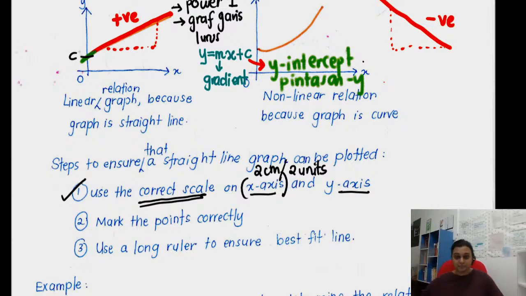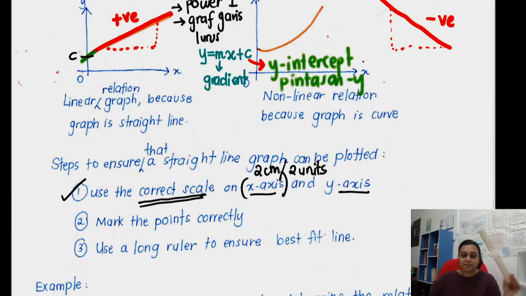See how many boxes 2 centimeter is. Usually it's one big box, the 5 small boxes. That is 2 centimeters. Nanti you see your graph paper. And for the y-axis also, if they give you a scale, you just use the same thing.